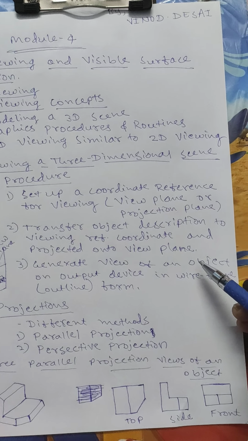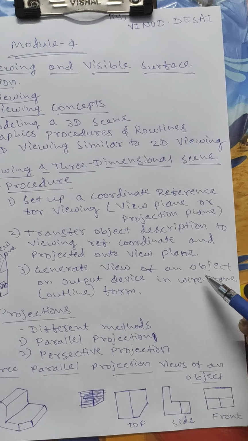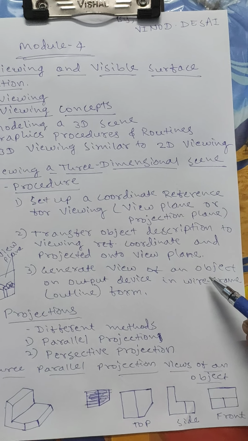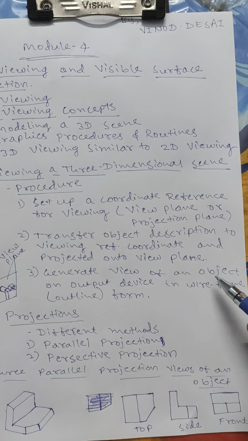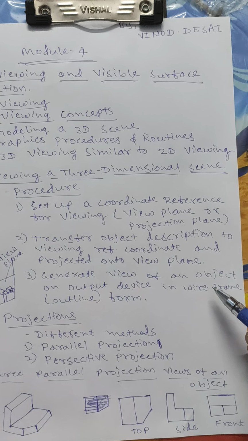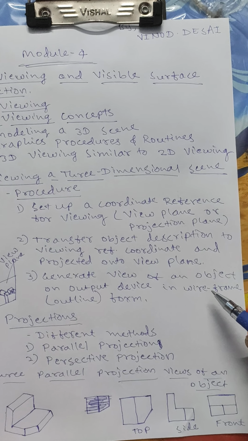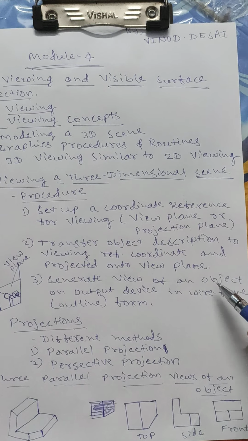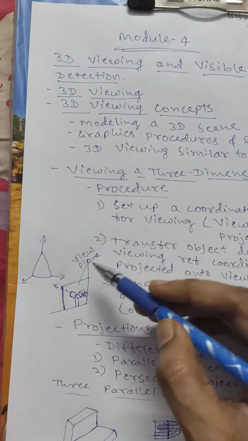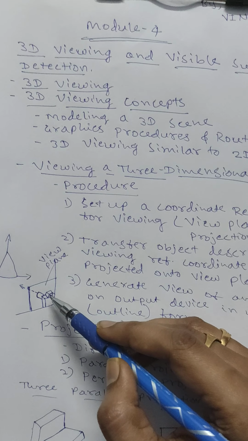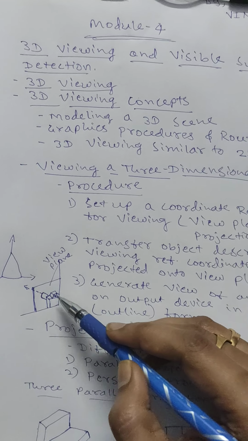And the third step is to generate the view of an object. As per those viewing parameters or viewing coordinates, we need to generate the view of an object onto the output device. So this view of the object is in a wireframe form, in an outline form. Outline in the sense it is in terms of lines. So here I have illustrated the coordinate reference frame for obtaining a selected view of a three-dimensional scene.